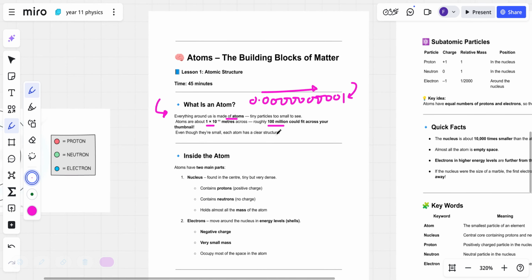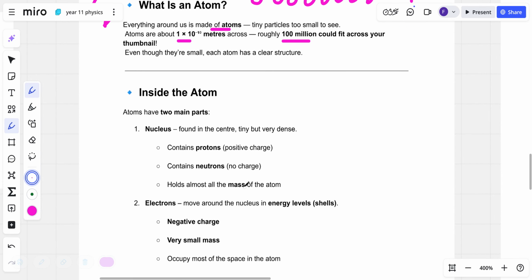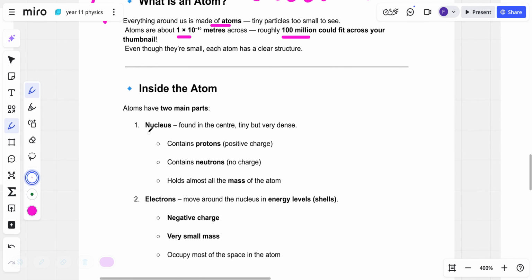Now, they are ridiculously small, but they have a defined structure that we know about. They have a nucleus in the center. It contains protons with a positive charge and neutrons with no charge, and holds the mass. Nearly all the mass of the atom is in the nucleus.